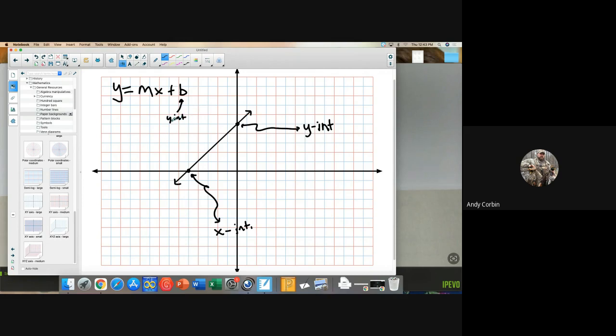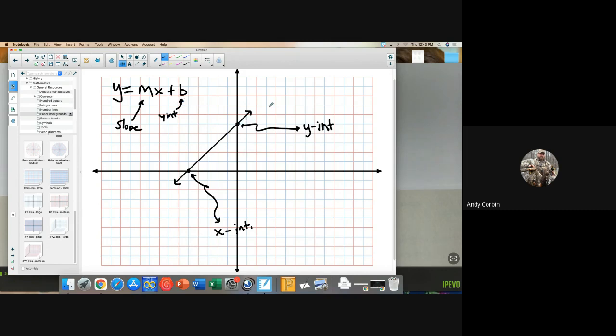And again, this is why this is such a friend to us, okay? If an equation is solved for y, we can find out automatically what the slope is and where this line crosses the y-axis.